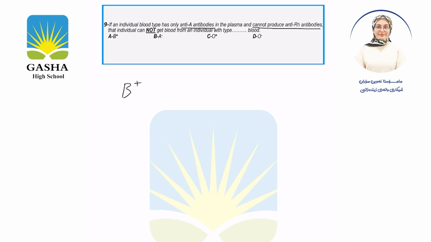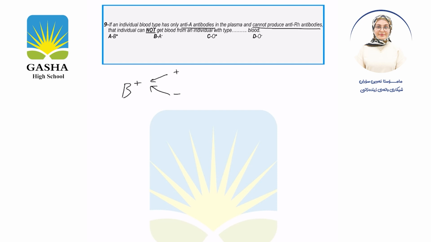Okay, let's read the multiple choice to find out who it can get blood from: B positive, A negative, O positive, and O negative. Because it's positive, it can take blood from positive and negative. So positive and negative is not a problem here.